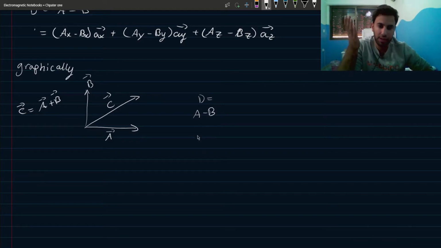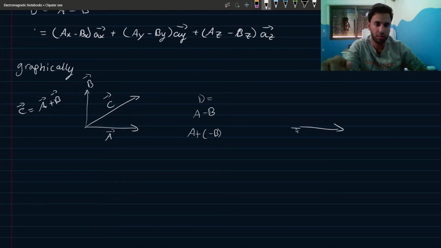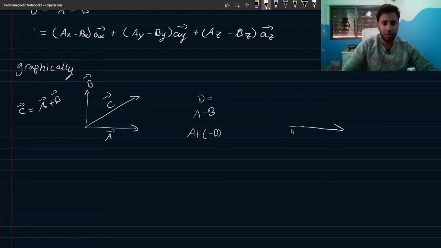Well, essentially, A minus B is equal to A plus minus B. So what we can do is write the normal vector A, now minus B is equal to B but in the opposite direction.